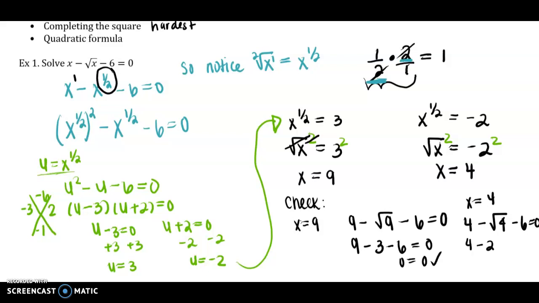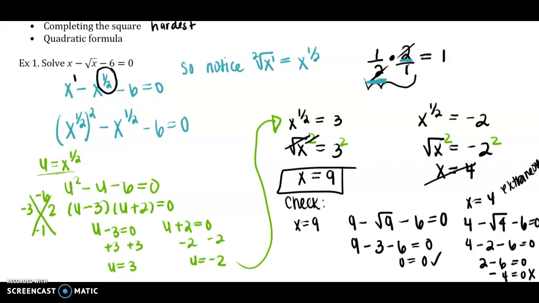So 4 minus 2 minus 6 equals 0. So this is going to be 2 minus 6 equals 0. Minus 4 equals 0. So that one does not work. So this one is extraneous. And x equals 9 is the only one that works.